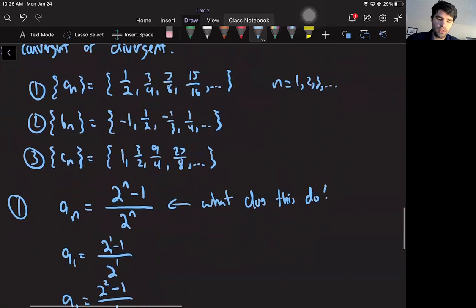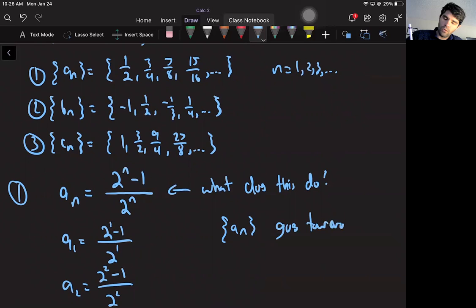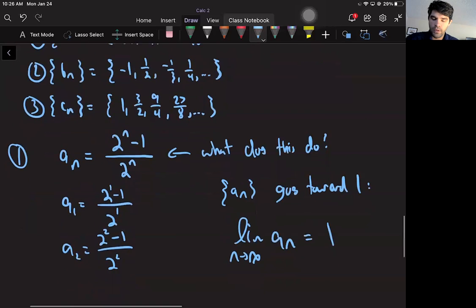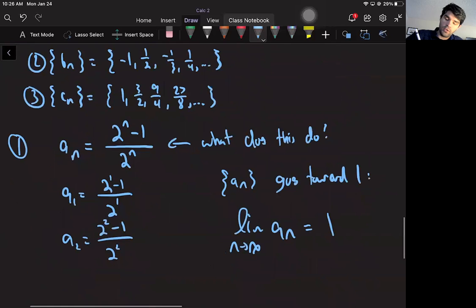But for now, it's enough to look at it and think, okay, yeah, it's going towards 1. So we write something like this: the limit as n goes to infinity of an is 1. To answer the question, it converges.